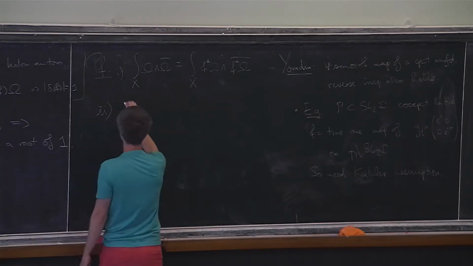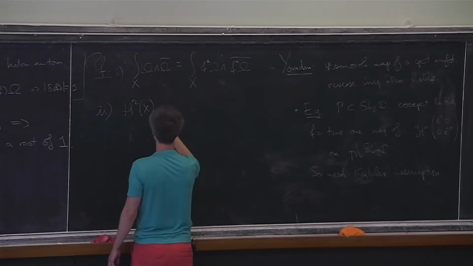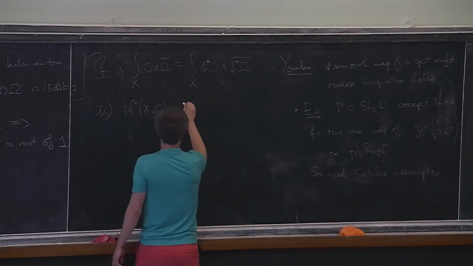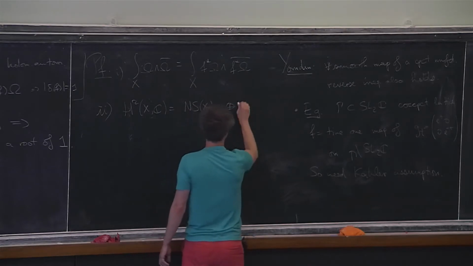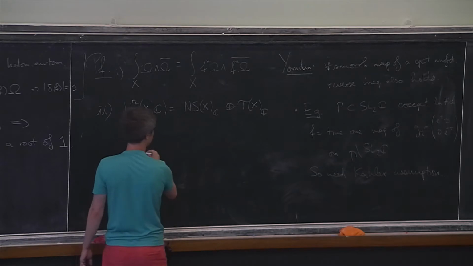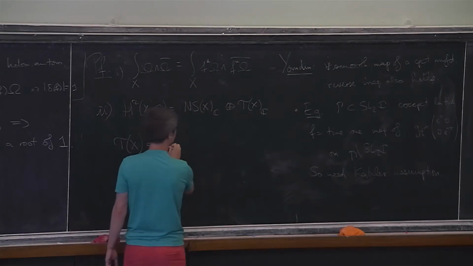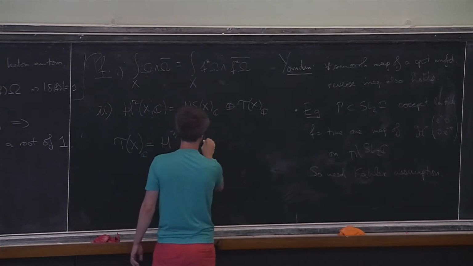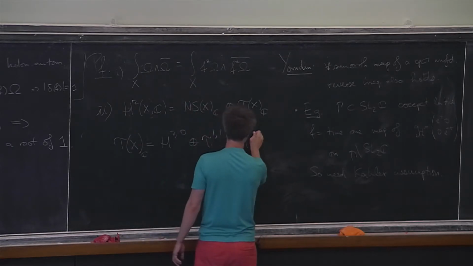So we have that H2 of X, let's say with complex coefficients, decomposes as the Néron-Severi group of X with complex coefficients plus the transcendental lattice with complex coefficients. And we also have the Hodge decomposition. So on T of X with complex coefficients, we have H20 plus T11 plus H02.